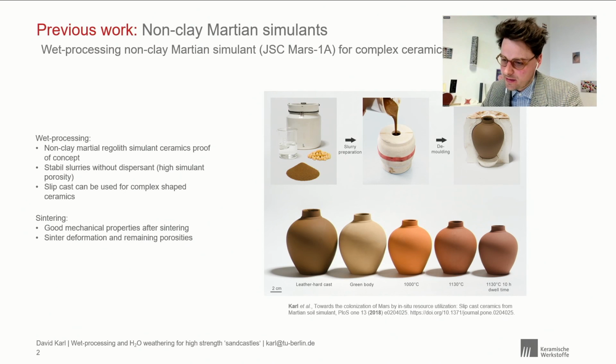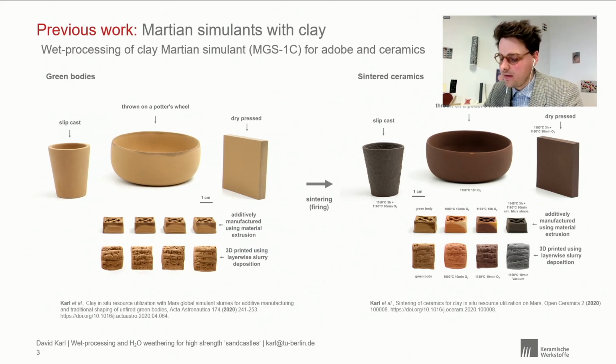So we introduced wet processing for non-clay Martian simulant, JSC Mars 1, and we could build complex geometries with this, and also sintering with a ceramic institute. Then we went on to wet processing of clay Martian simulants, the new Mars Global simulants with added smectite clay.